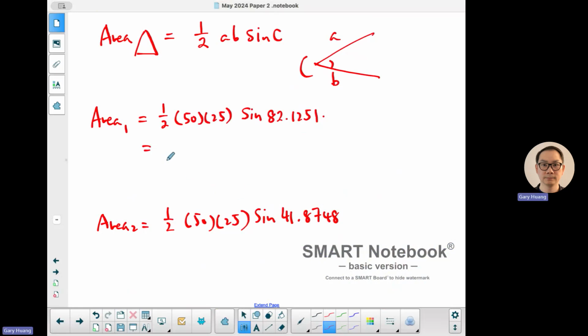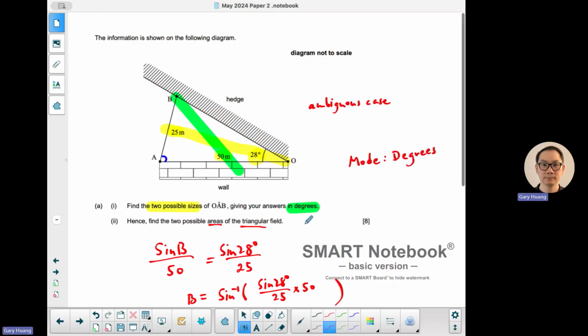The first one is going to be rounded to 3 sig fig, 619 meters squared. And the second case, if I put it in the calculator and round it off to 3 sig fig, I should be getting 417. Okay, so that's the area of the triangle.